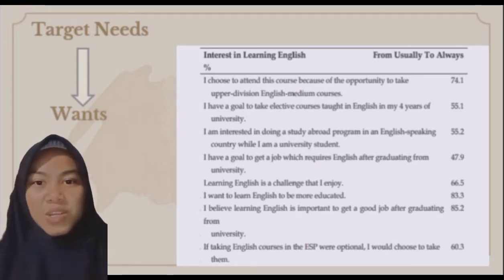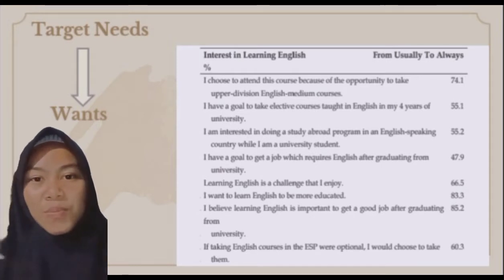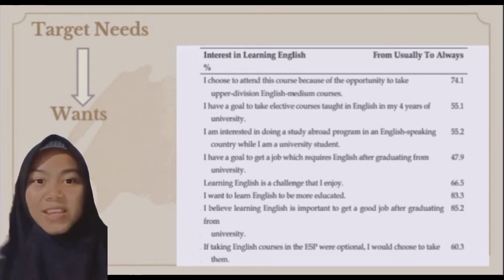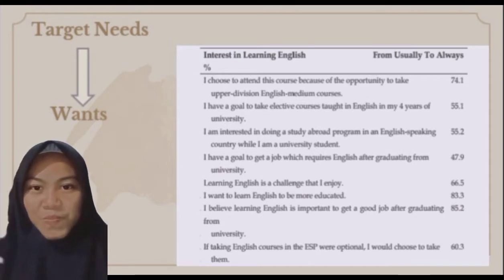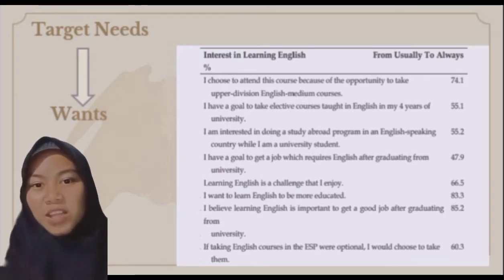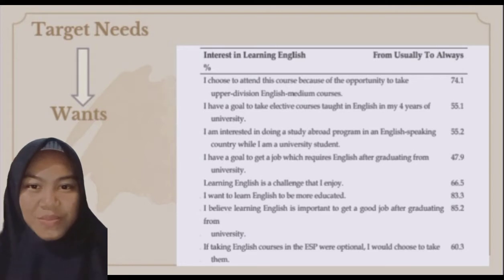I am interested in doing a study abroad program in an English-speaking country while I am a university student. I have a goal to get a job which requires English after graduating from university. Learning English is a challenge that I enjoy.